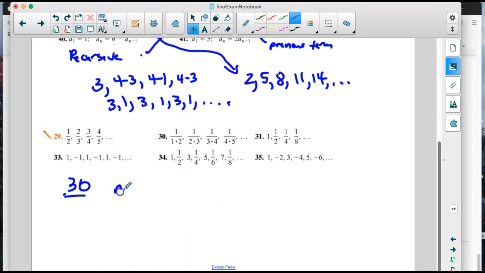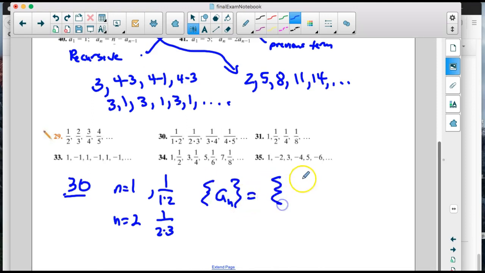So n equals 1, that term is 1 over 1 times 2. If n is 2, we get 1 over 2 times 3. Now, the 1 on the top is not changing, so the rule for this is going to be, say we use a sub n as a rule.